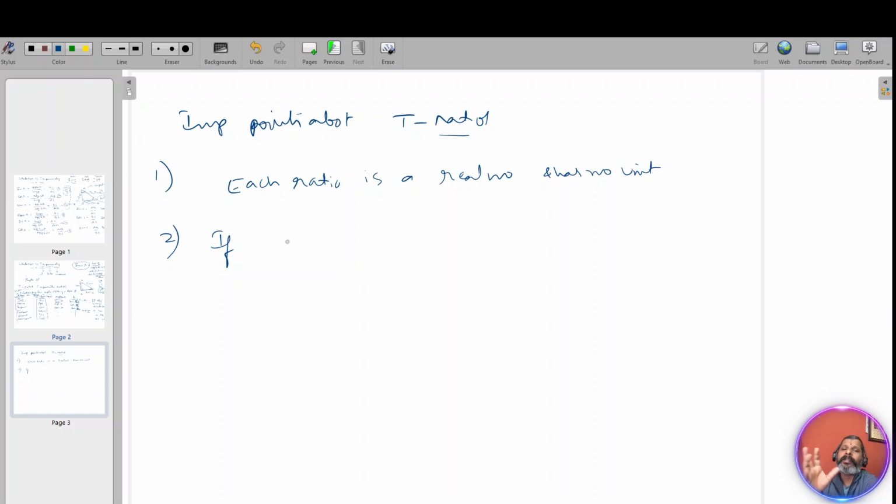Means we will be knowing all the other 5 ratios. So if we know one ratio, then all others can be found. How? We will come to know when we see the examples or exercises.